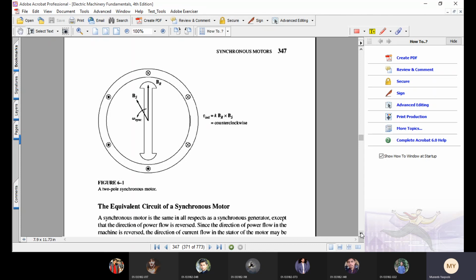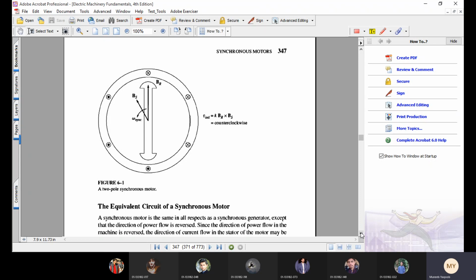Without this capacitor, the motor can't rotate. So all single-phase motors need a special starting technique, while three-phase induction or synchronous motors do not require any special starting technique.